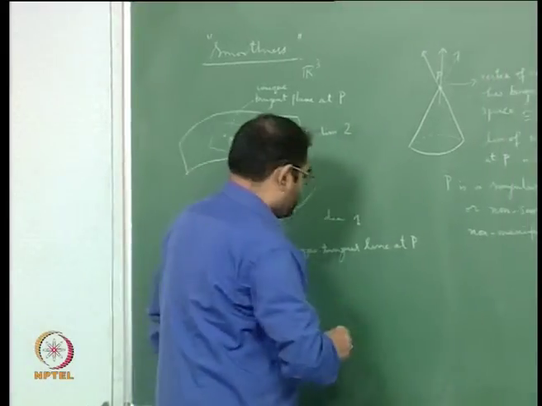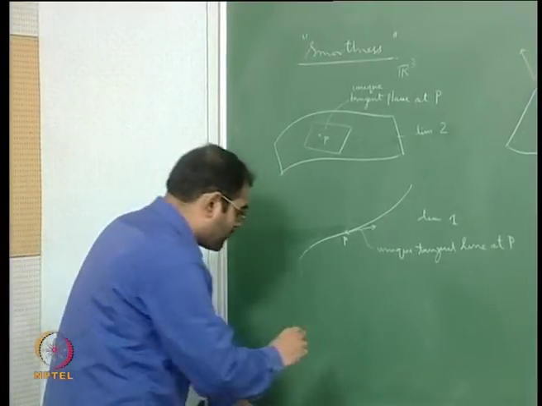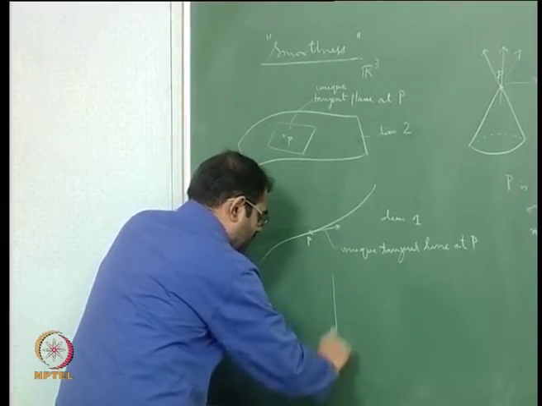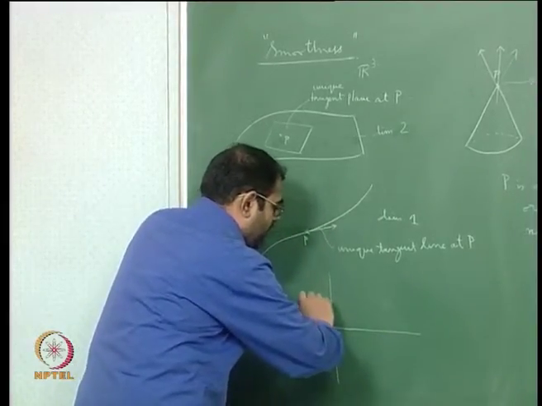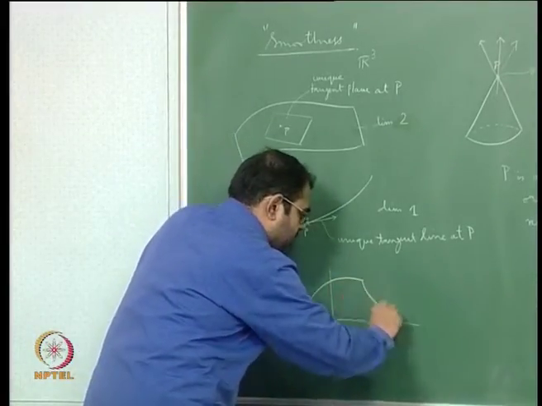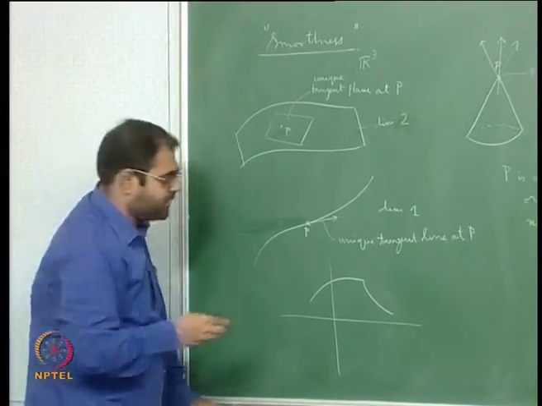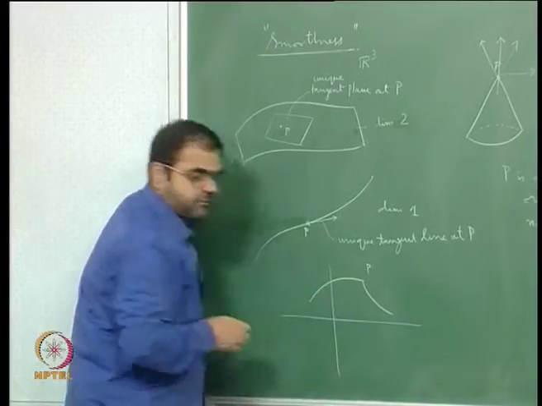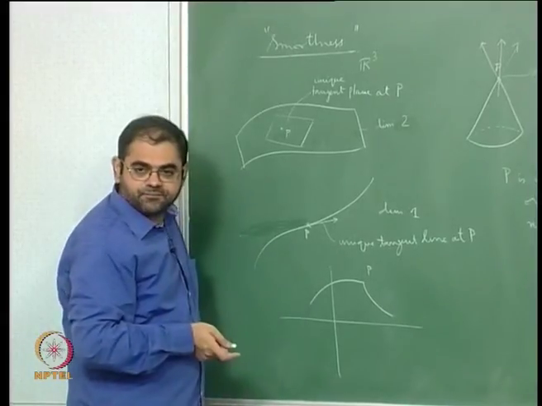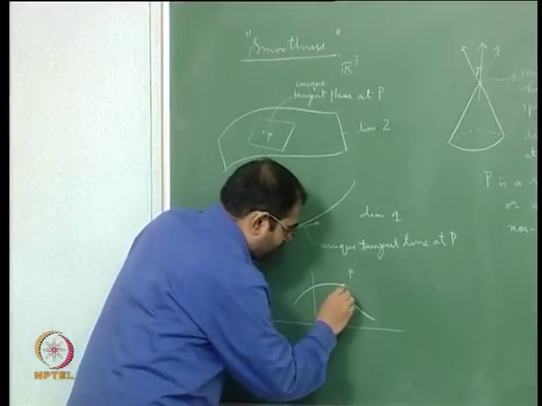But however, if I take a curve which is not a smooth curve, then things can be different. For example, on the plane, I can easily draw a curve which is not smooth. If I purposely draw a curve like this with a kink here and take this point, then if you calculate the tangent space at this point, you will easily see that you can draw 2 tangents. If I approach from the left, I will get a tangent like this.